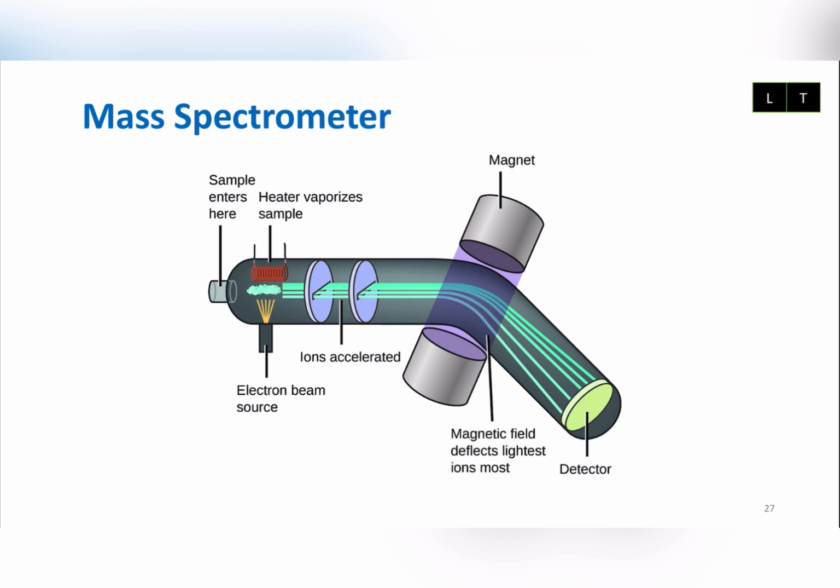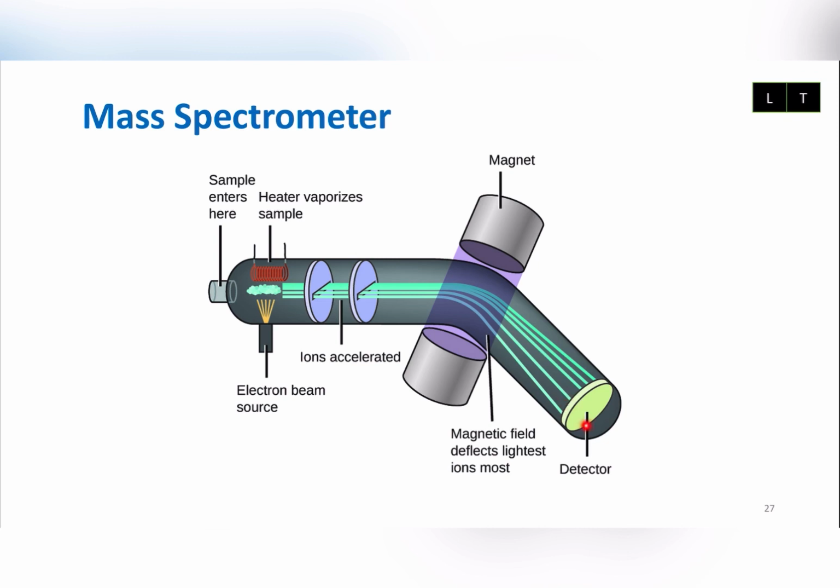For a given charge, the force of deflection will be the same. But if you have a larger mass, you are going to be deflected less, and if you have a lower mass, you are going to be deflected more. So you can see different isotopes being deflected along different pathways as they go through the magnetic field.